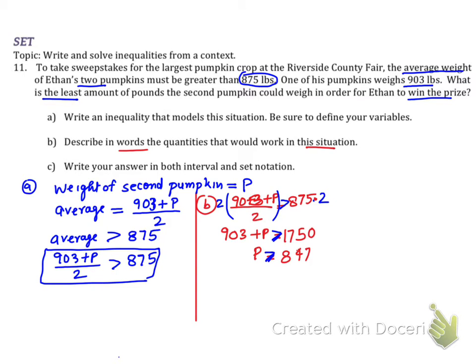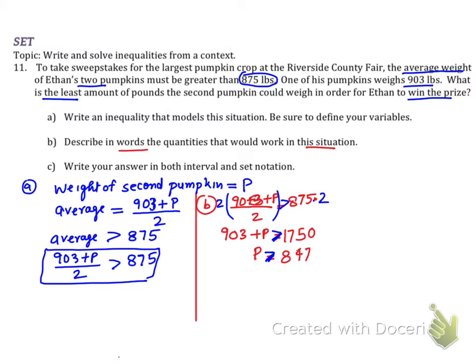So it is supposed to be greater. It's not an equality, it's an inequality, so that's greater. So it says the weight of the other pumpkin should be more than 847 pounds.